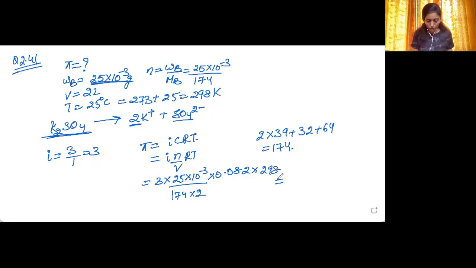So it's coming out to be 3 multiplied by 25 multiplied by 0.082 multiplied by 298, divided by 174 divided by 2. So it is coming out to be equal to 5.27 into 10 raised to the power minus 3 atmosphere. So this will be the osmotic pressure of this particular solution. All right. Hope this is clear to you.